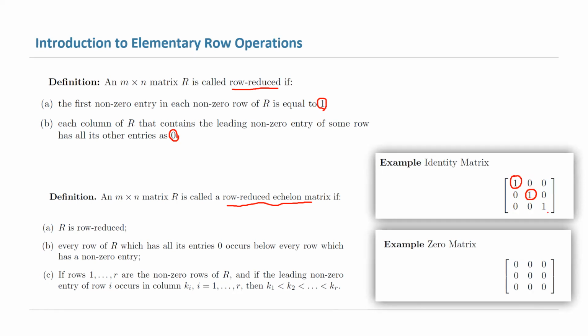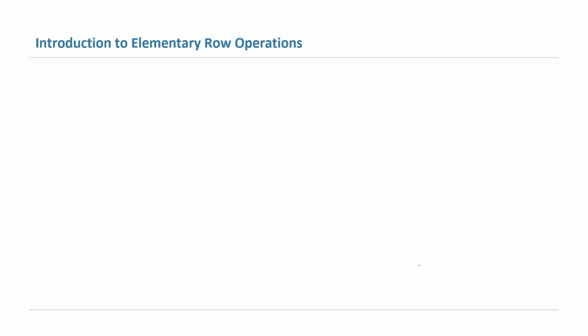On the third row, the non-zero entry is 1, and as you can see, every entry above 1 is equal to 0. So on the exam, if I ask you to give me two obvious matrices written in row-reduced echelon form, you can give me these two examples.